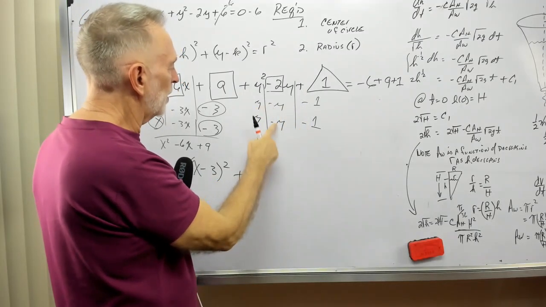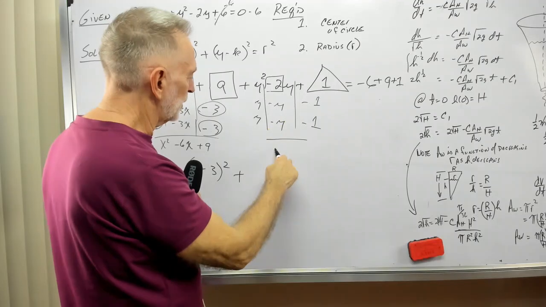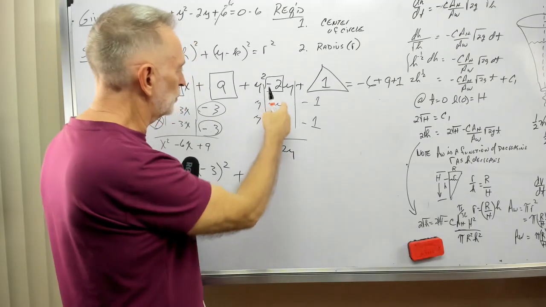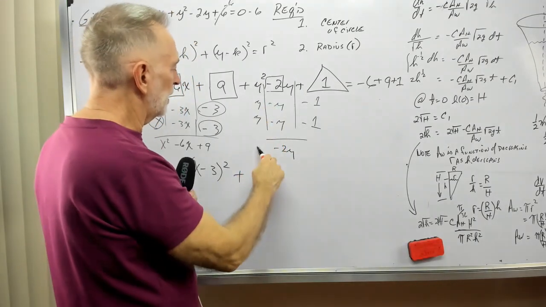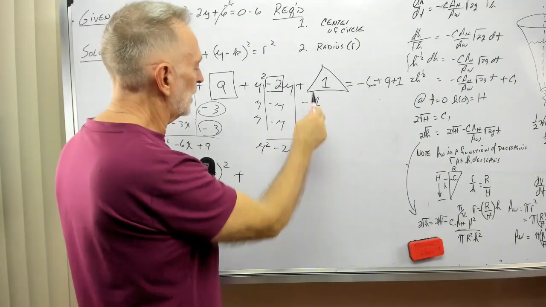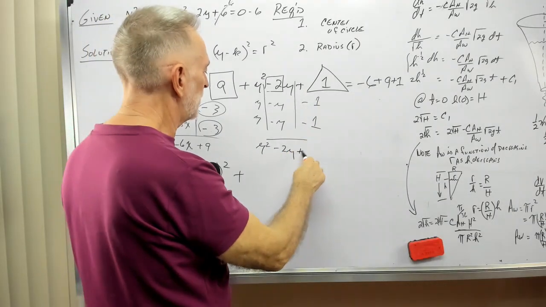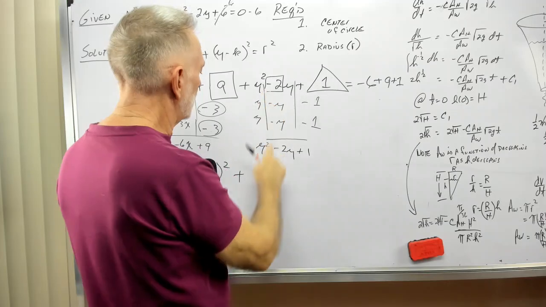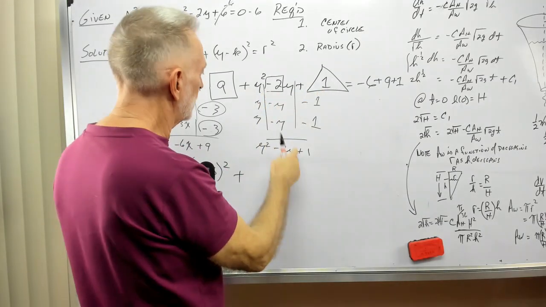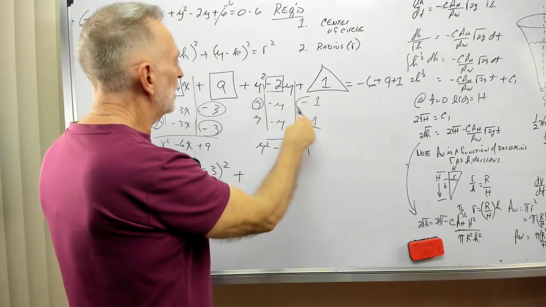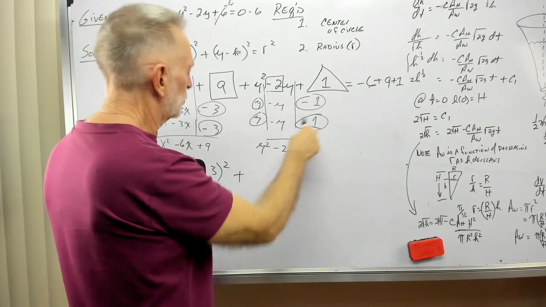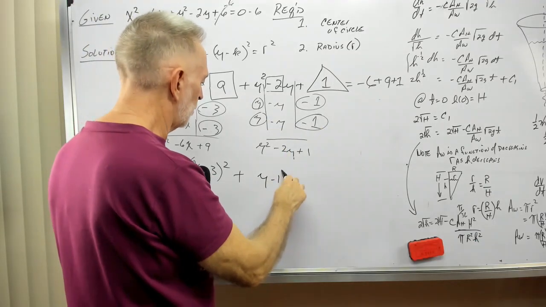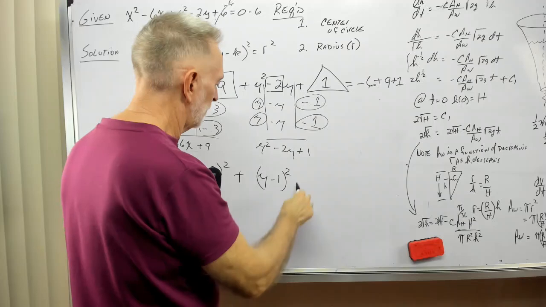Negative 1 times y is negative y. I add those together, get a negative 2y, which is what I wanted. y times y is y squared. Negative 1 times negative 1 is a positive 1. So y squared minus 2y plus 1 is what? (y minus 1) times (y minus 1). So that's (y minus 1) squared.